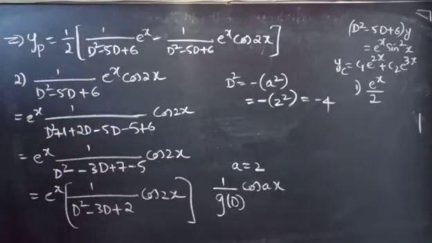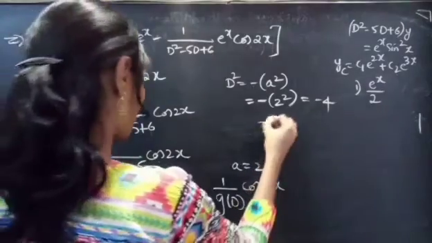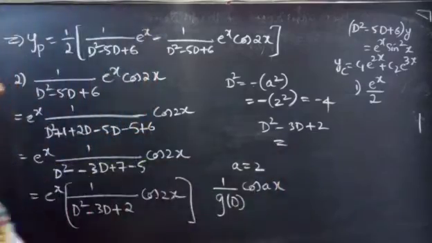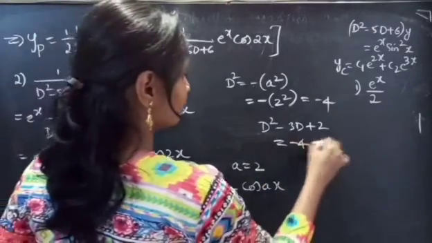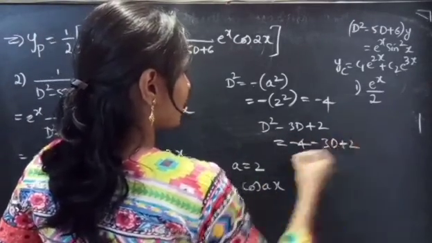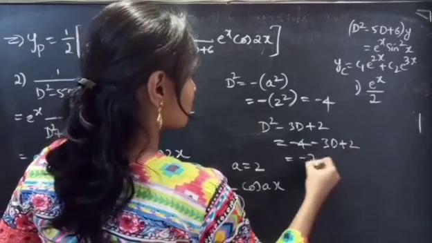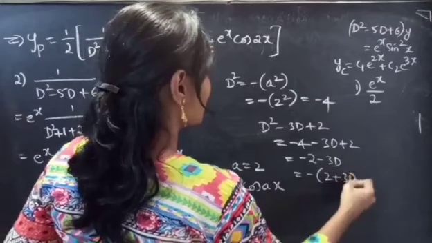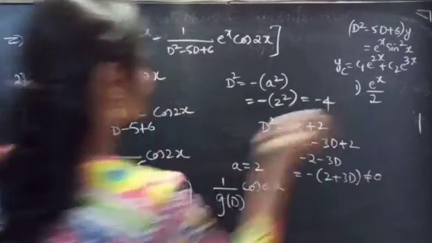Now we'll replace D² by −4 and see what happens in the denominator. The denominator must be non-zero. Okay, just take the denominator part and replace D² by −4. We'll get −4 + 2 is −2 − 3D, which is −(2 + 3D), non-zero, right?